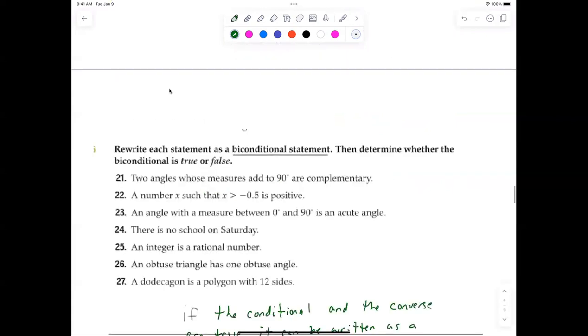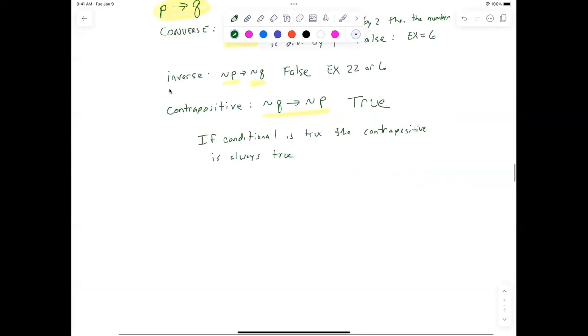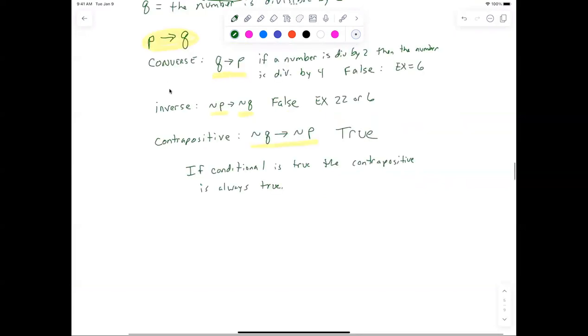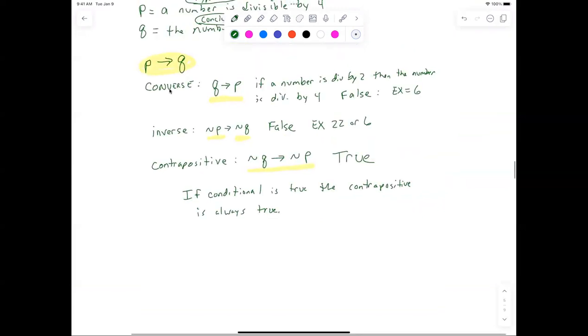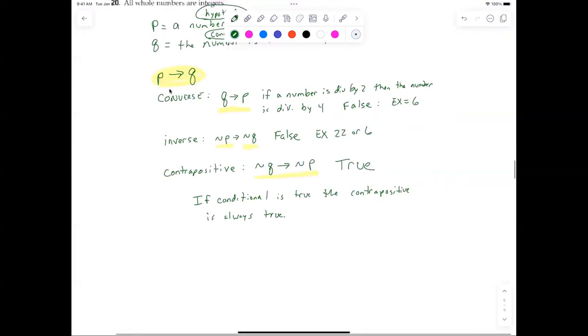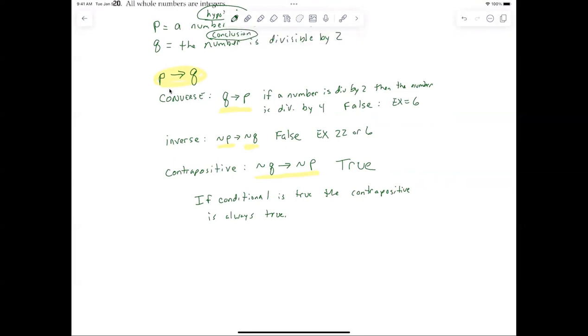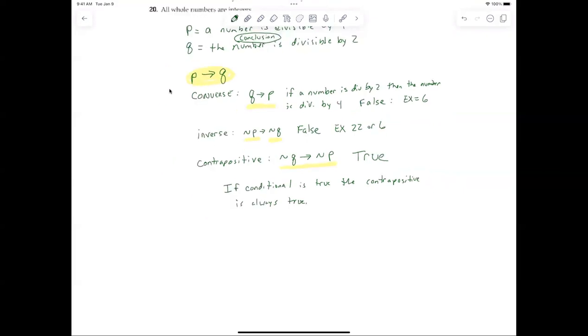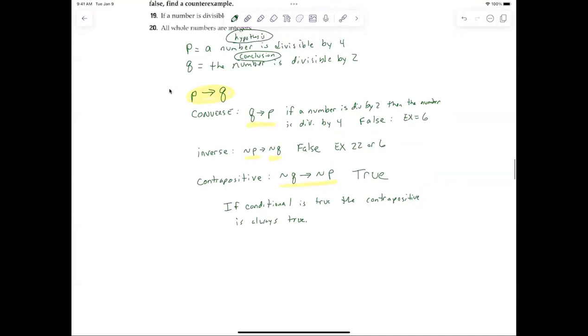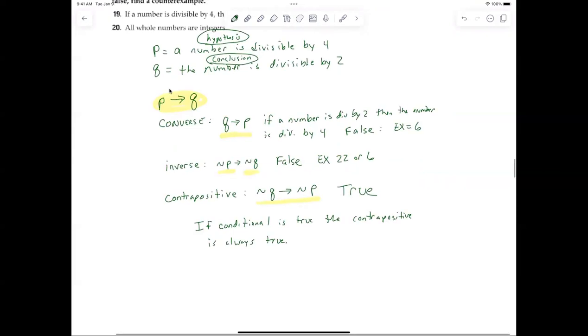So what I want to do is go back up here. Did we say our converse was true or false? It's false. So the biconditional is not going to be true, but we're still going to write it as a biconditional.